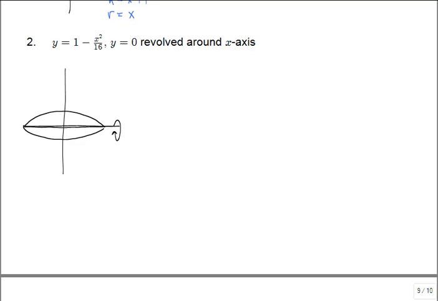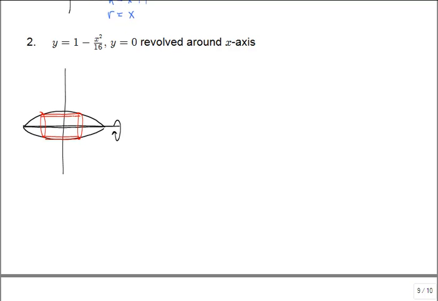So if we did this with shells, my slice would have to go horizontally because my axis of revolution is horizontal. So I'd have to go this way. And that means the mirror image over here would look like that. And then I would have my circles on the top and the bottom.